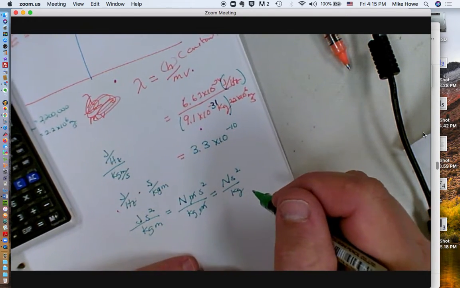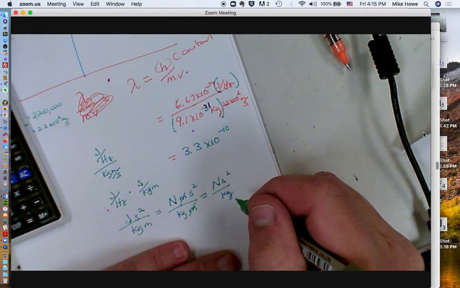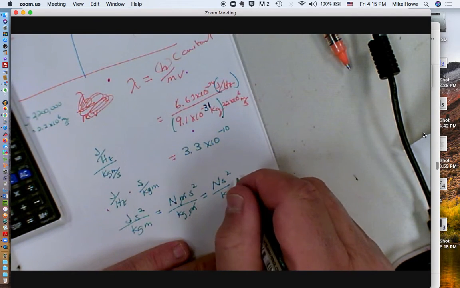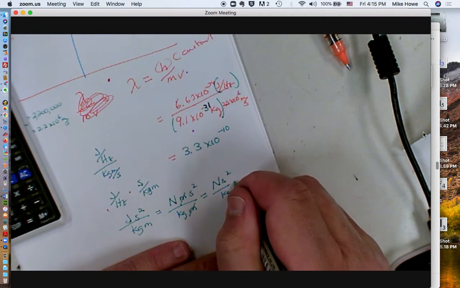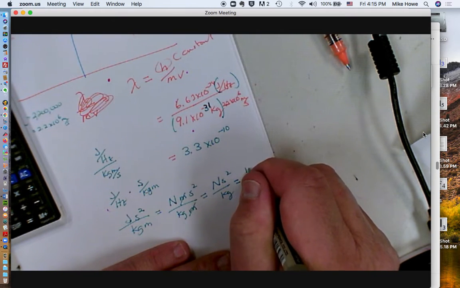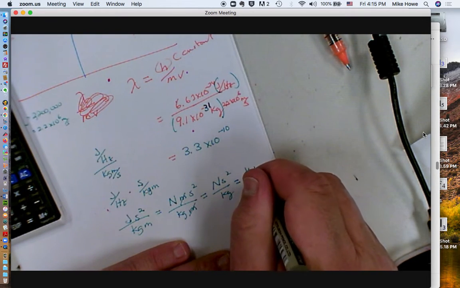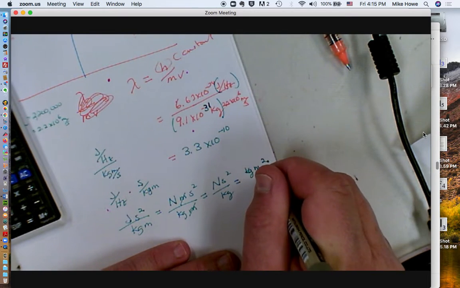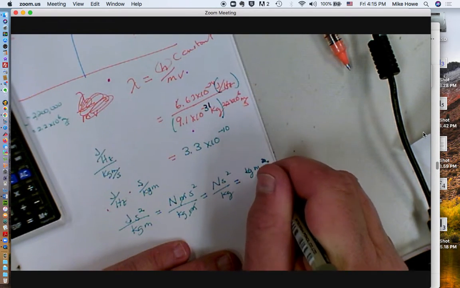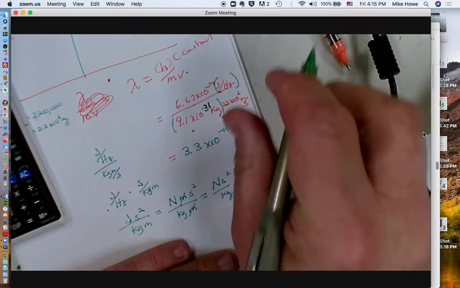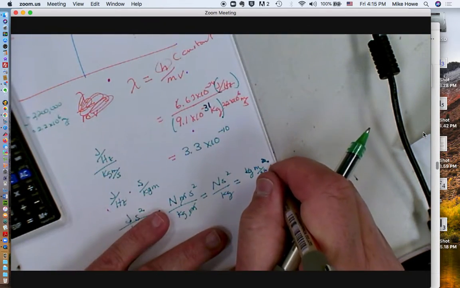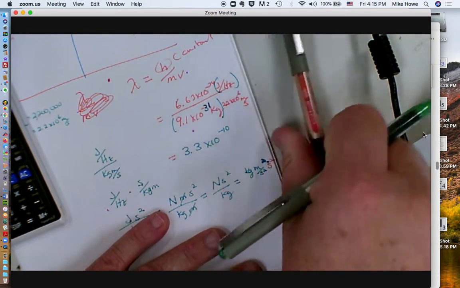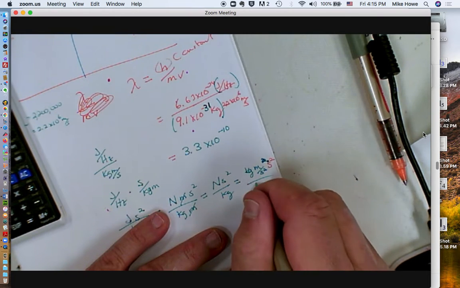But you may remember that a Newton is a force, and force is equal to mass times acceleration. So that would equal a kilogram multiplied by meters per second squared. And that would be multiplied by this second squared. I'll put it in a different color, make it more obvious. And that's all over kilograms.